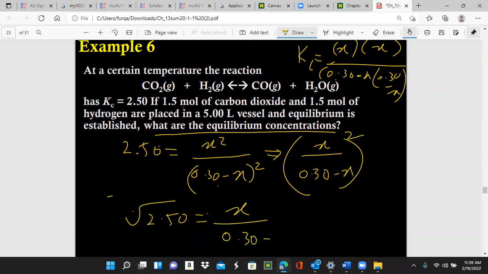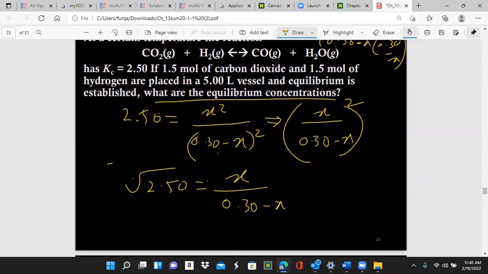It depends on what you are doing. In the previous example, we must have used the quadratic equation. Here we can go without it.